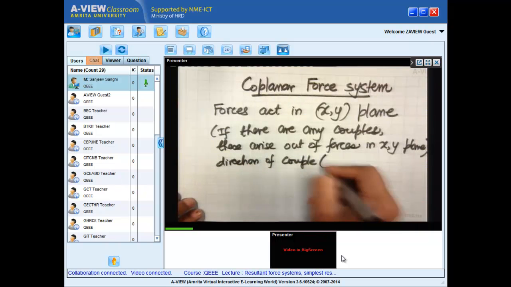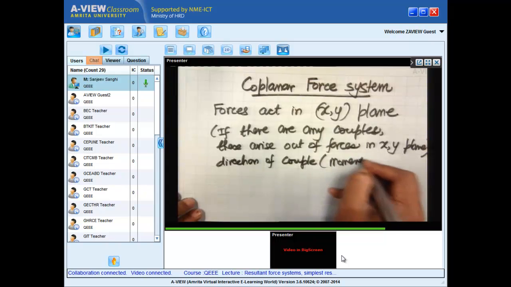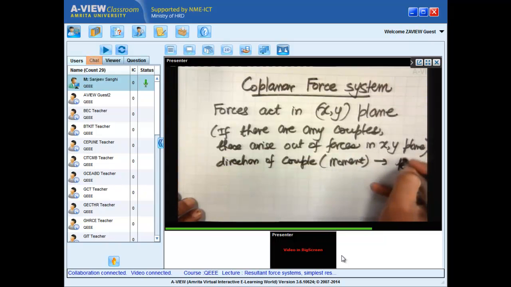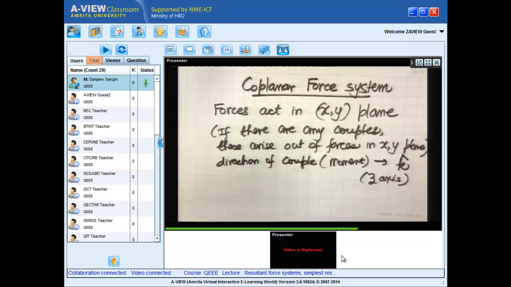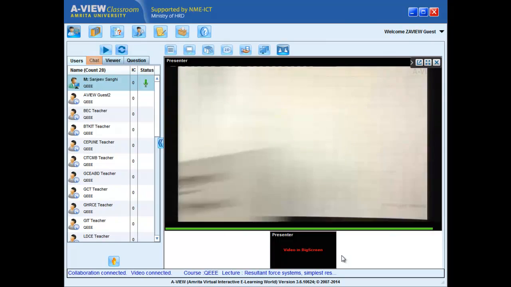And couple means the moment of the couple. So this direction necessarily has to be k, or along the z-axis. So a force system where forces are acting only in one plane, let us call it the xy plane, and if there are any couples acting, then they are about the k direction. That is what we call a coplanar force system.